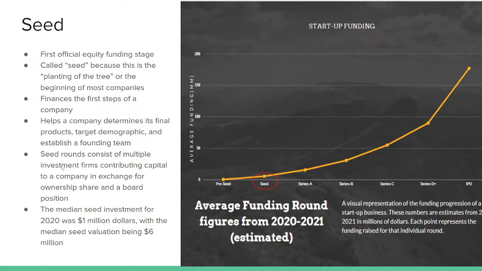Seed rounds consist of multiple investment firms contributing capital to a company in exchange for ownership share and a board position. So one of the relationships that you'll see as we go down this line through the different rounds is that as we progress, more investment firms will be piling in. Hence, you see why there's so much more money, and they're willing to contribute more capital, depending on if the business is becoming revenue positive, profit positive.